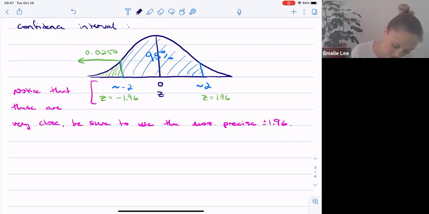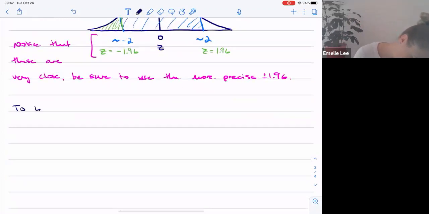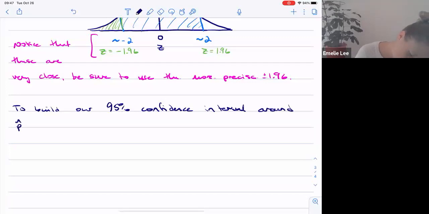Okay, and so to build our confidence interval, our 95% confidence interval, around p hat, we need to build a buffer that's 1.96 standard errors away from the sample or the point estimate.